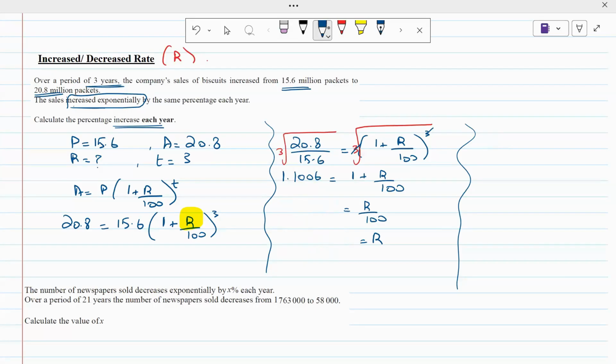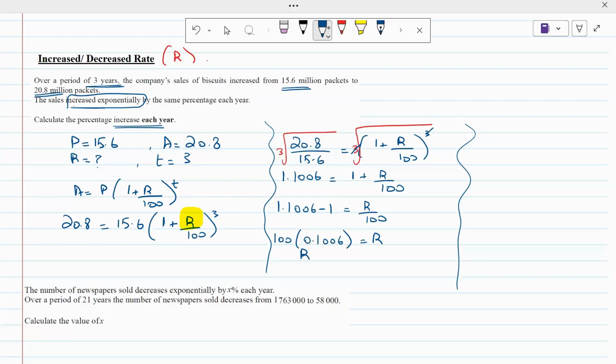Okay, so now that's 1.1006 minus 1, and that would be 100 into 0.1006.